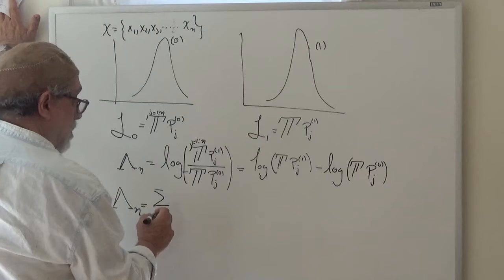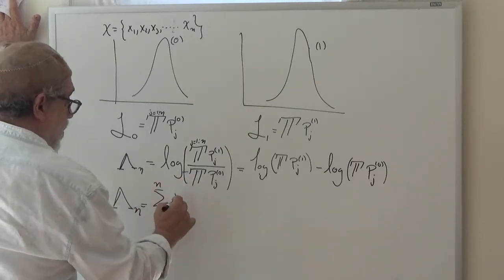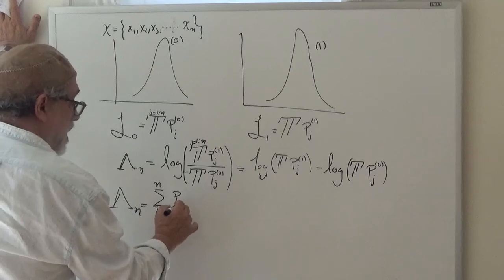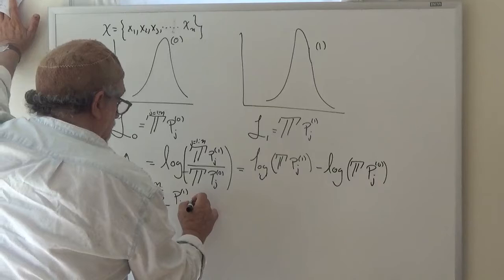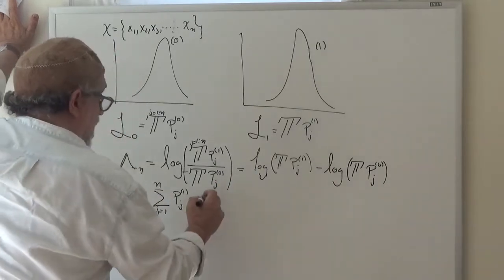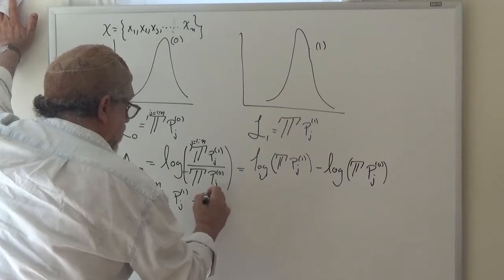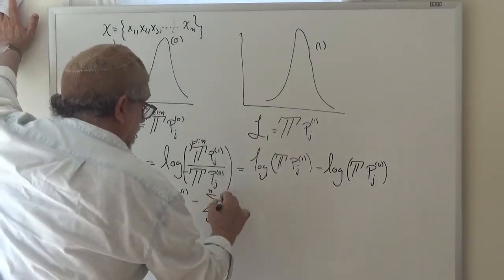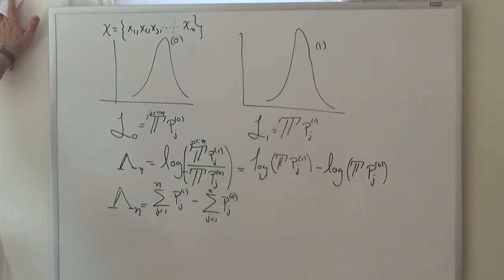Therefore, we have the sum from j equals 1 to n of the probability j in the distribution 1, right? Minus the sum from j equals 1 to n of the probability j measured in the 0, right?